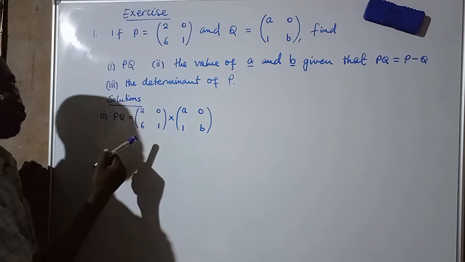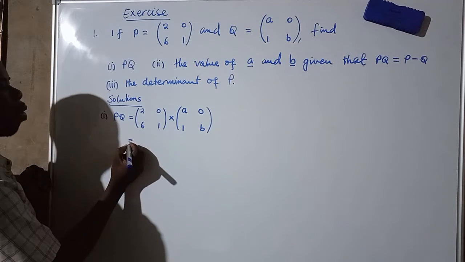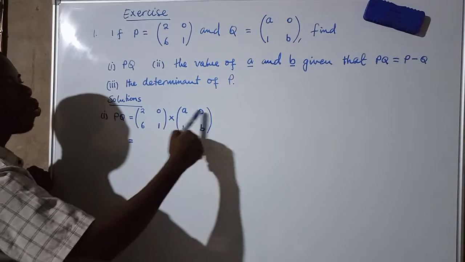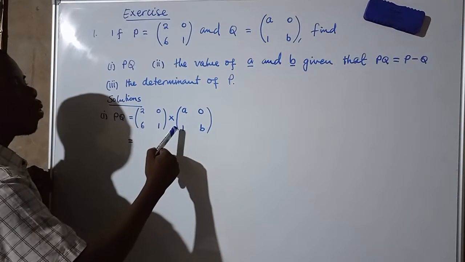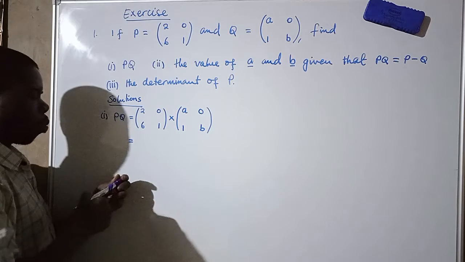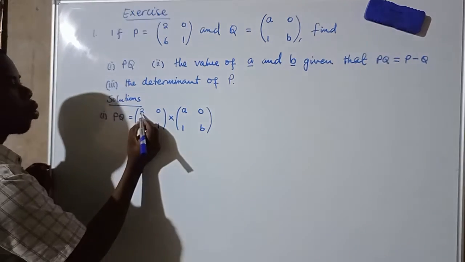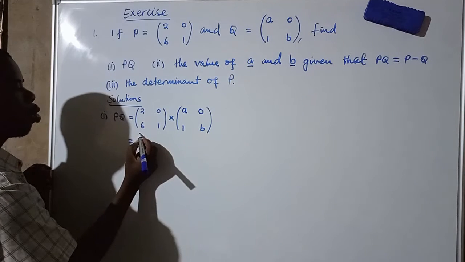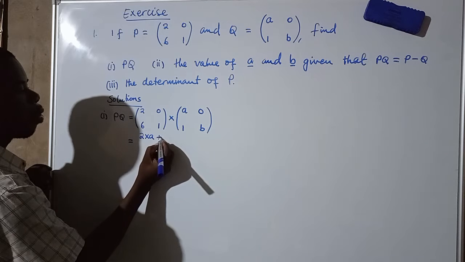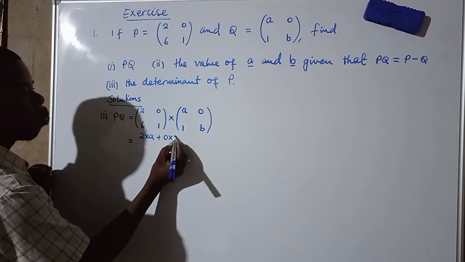I hope you have followed very well. Next, we should now multiply. Since the number of columns in this matrix is equal to the number of rows in the second matrix, these two matrices can be multiplied. So we say 2 times A, plus 0 times 1.